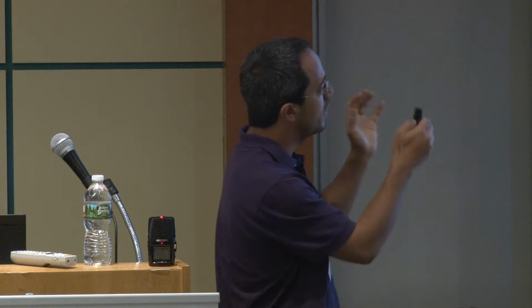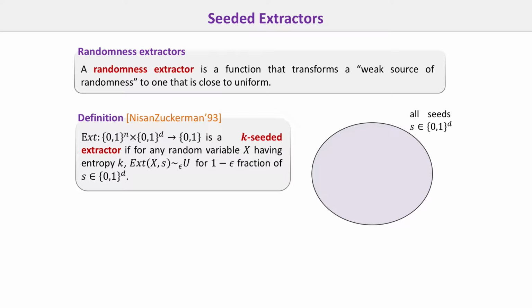Let me repeat it in a picture because it's nicer. Say these are all possible seeds, {0,1}^d. Say you have an extractor in mind and a source with sufficient entropy, entropy k as required by this extractor. Then with that source, you can associate a subset of the seeds. These are the bad seeds.